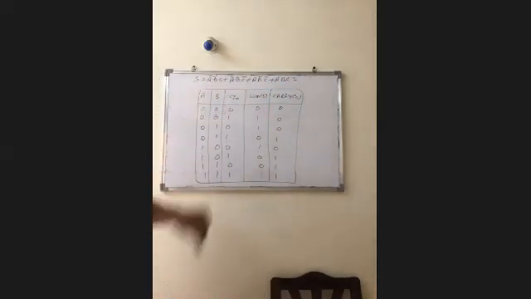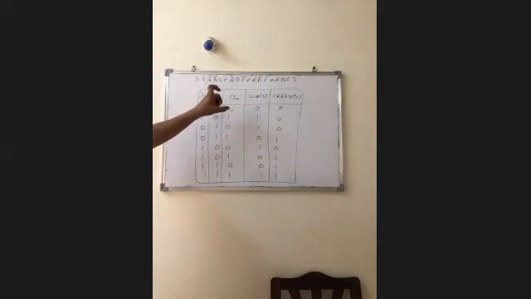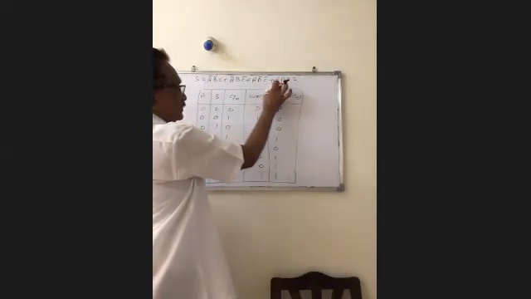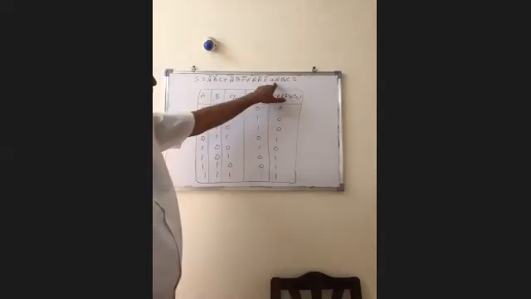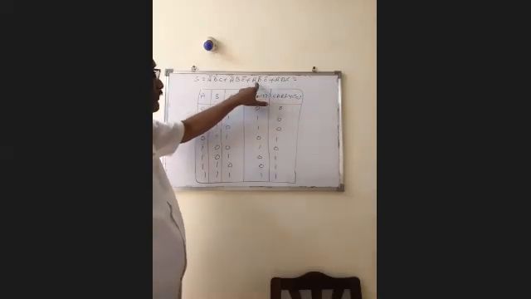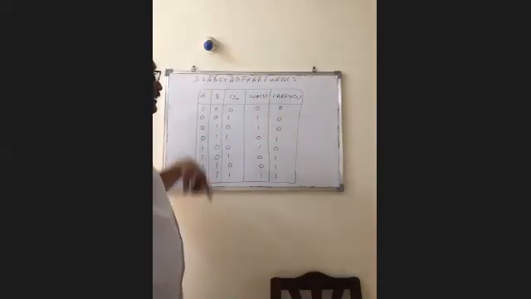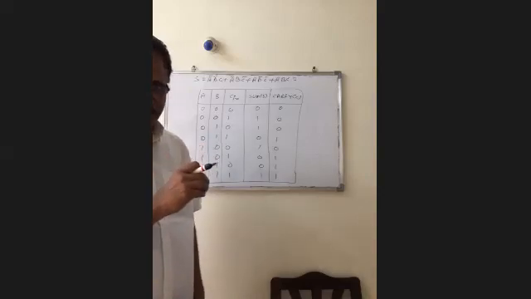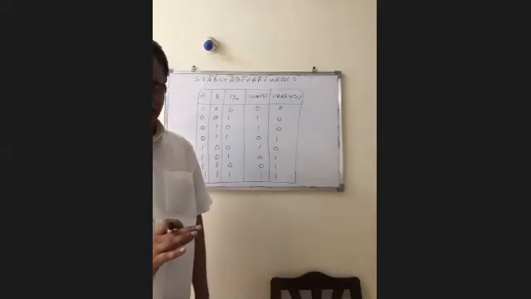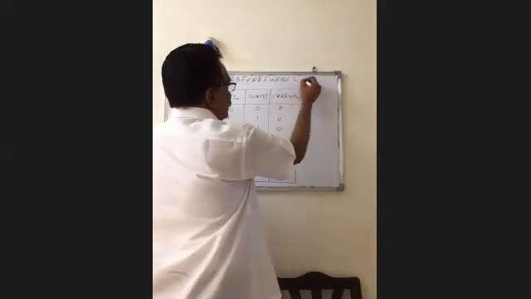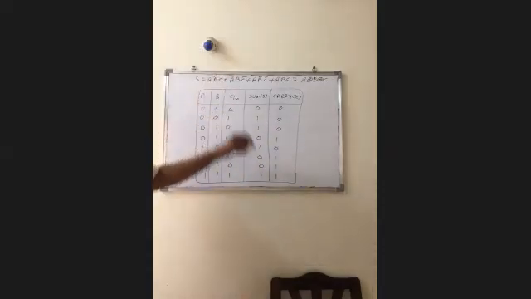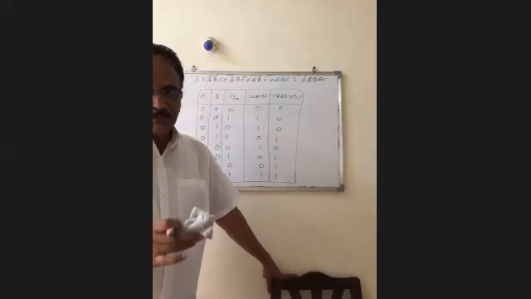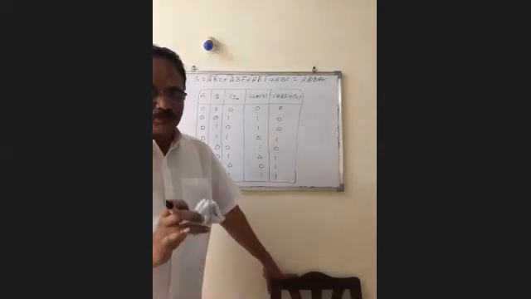If you observe the output expression, in one term all variables are in uncomplemented form. In another, only one variable, A, is uncomplemented. In this case, only B. In this case, only C. No doubt in that one, that is the output expression for the 3-input exclusive OR gate: A exclusive OR B exclusive OR C. Once again, memorize the output expression for the 3-input exclusive OR gate.